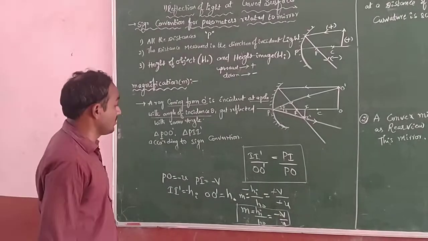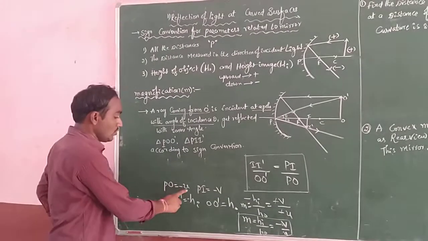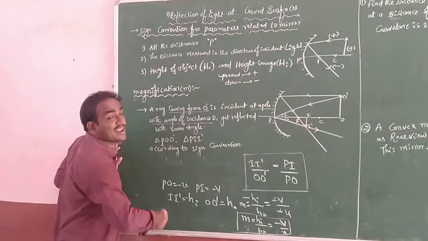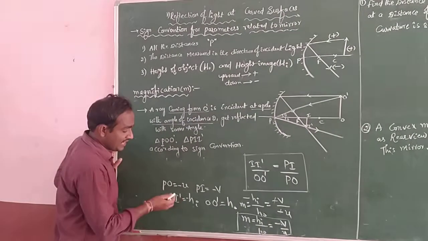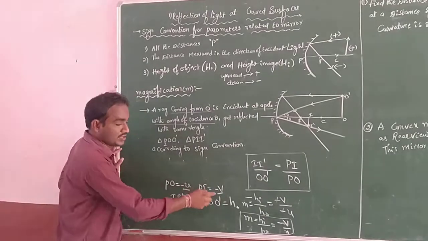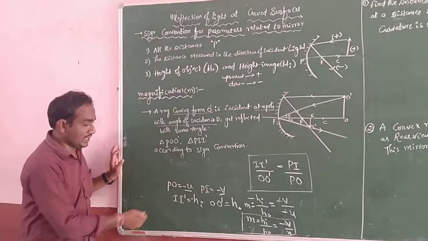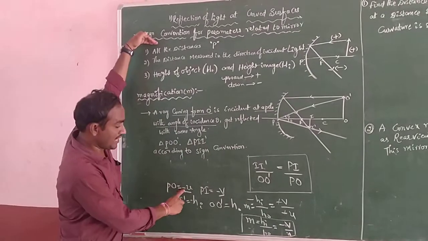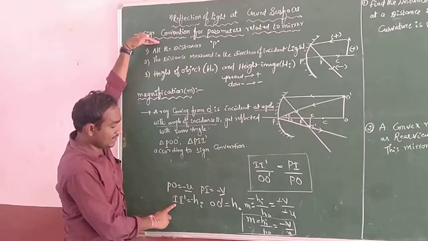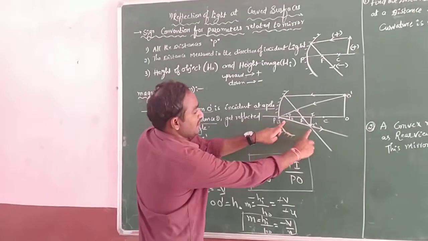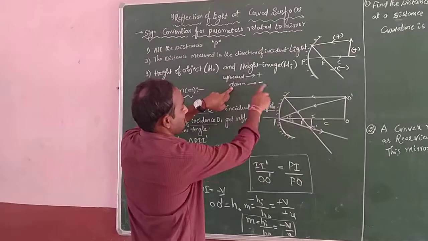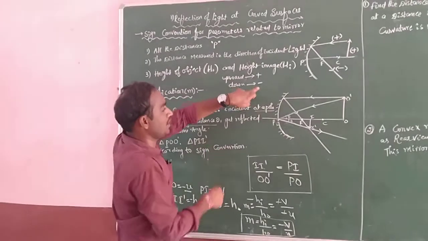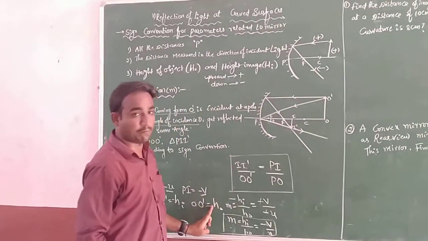These are all sign convention rules. Why do we take the U and V values as minus? Here the object distance is minus according to the sign convention, and the image is below the principal axis, downward of the principal axis, that's why we take minus. Above the axis, we take plus.